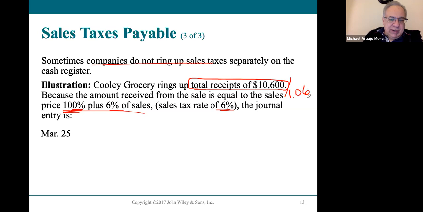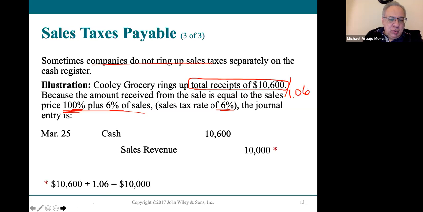So you will figure out how much is the revenue, and the rest will be the tax. So in this case, you will figure out that your revenue is going to be $10,000. How'd you figure that out? $10,600 divided by 1.06. That gives you the revenue portion, which means the remaining 600 is the sales tax payable.